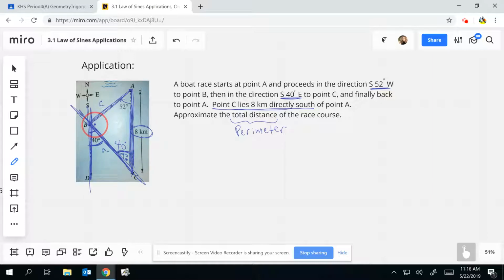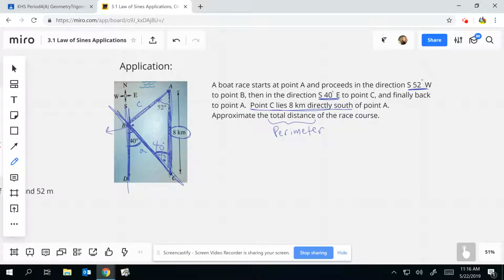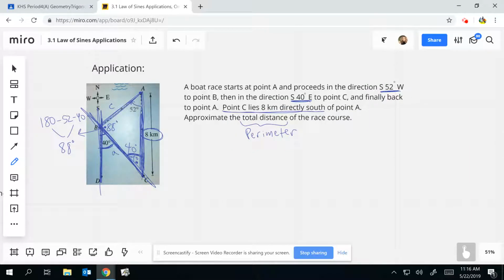Now we can find B, because to get B, we just take 180 minus 52 minus 40. You're going to get 88 degrees. So this angle is 88. Now we have all three angles, so we can set up the two sides that we want to get.